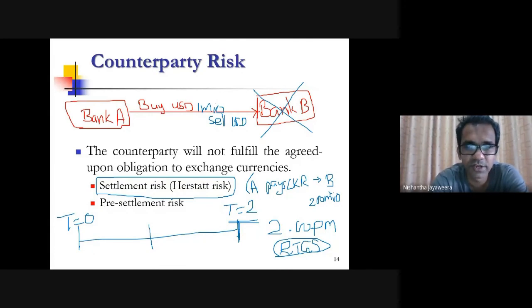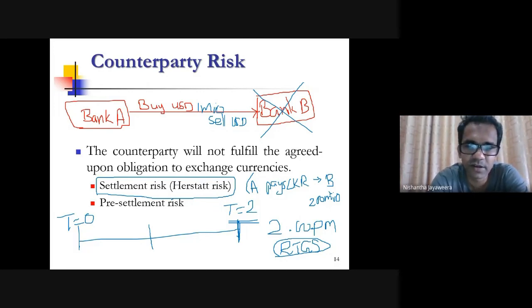Whenever you get a court order, even in the domestic market, against one party to seize all its assets, even though you have come to an agreement the day before or months ago with another party, you can't transfer the assets.